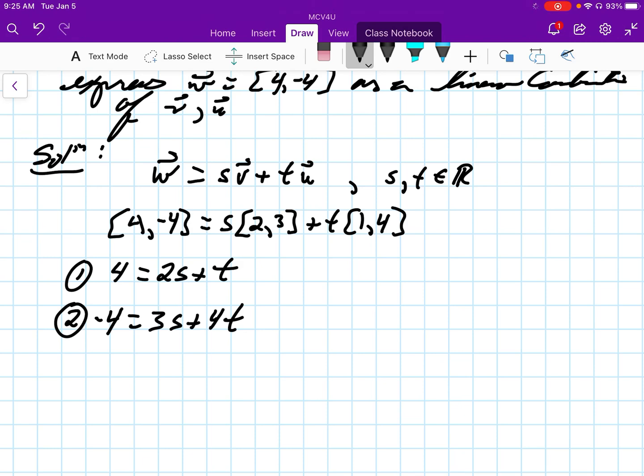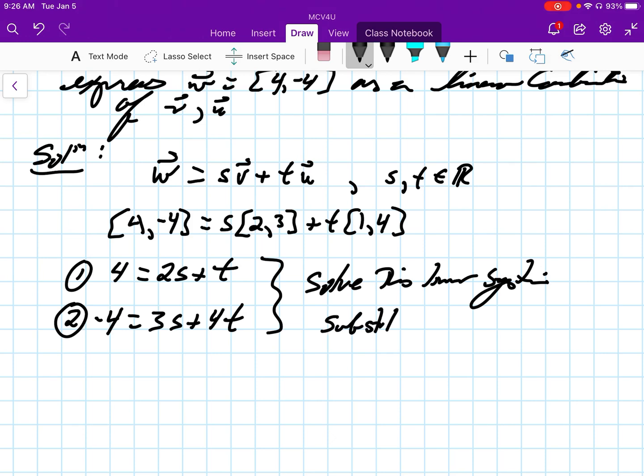This is how we solve for s and t. From here, I want you to solve this linear system. You can use substitution or elimination. And from that, you will find out what the s and t are.